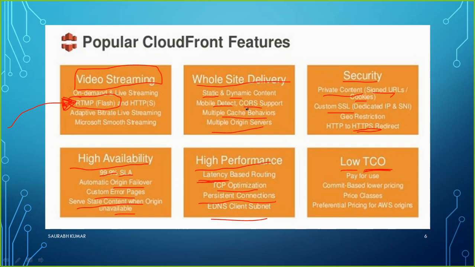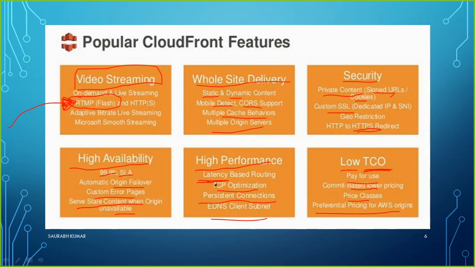You can simply use CloudFront, pay for use, with commit-based lower pricing. Price classes are there, so you can choose which class you belong to, and thereafter preferential pricing for AWS origins. So overall, the good points about CloudFront are that it gives better streaming function, high availability, high performance, whole site delivery, better security, and reduces the total cost of ownership.